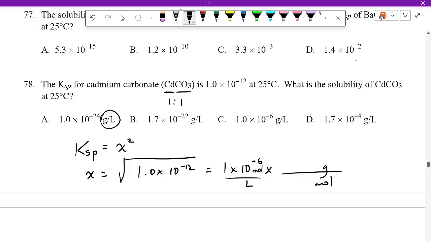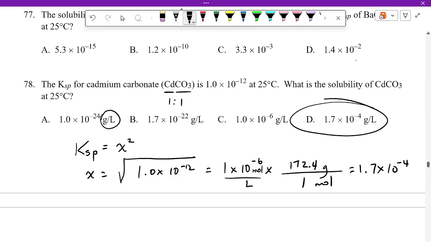And cadmium is 112.4, 112.4 plus 12 plus 16 times 3 equals 172.4 grams per mole. 1.7 times 10 to the negative 4. There we go. Yeah? Amy? 36 and 40, yes.